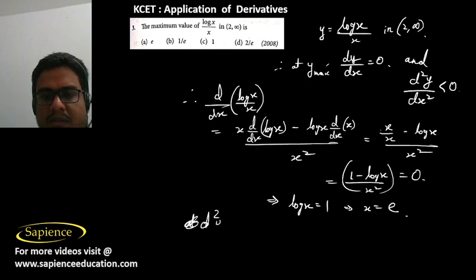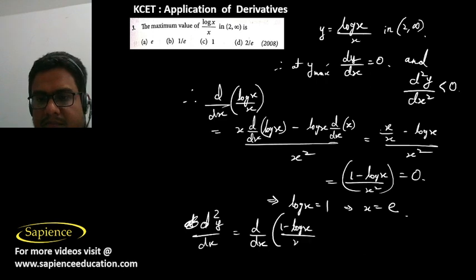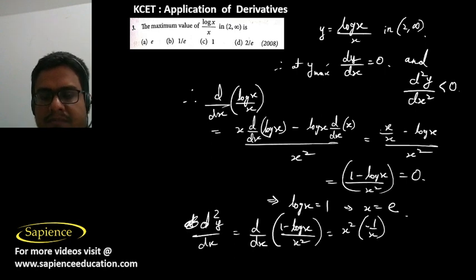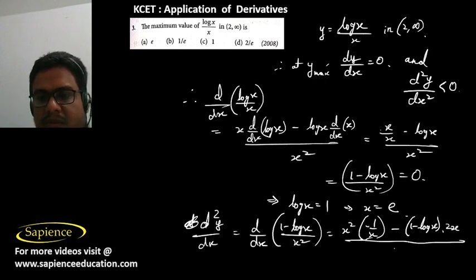At x equal to e, find d square y by dx square. This is d by dx of 1 minus log x by x square. So x square into d by dx of 1 minus log x, minus 1 minus log x into d by dx of x square, that is 2x, divided by x square whole square.